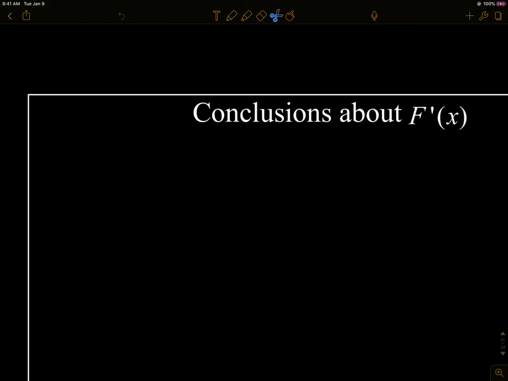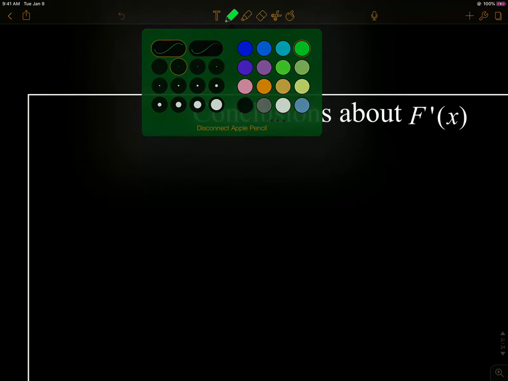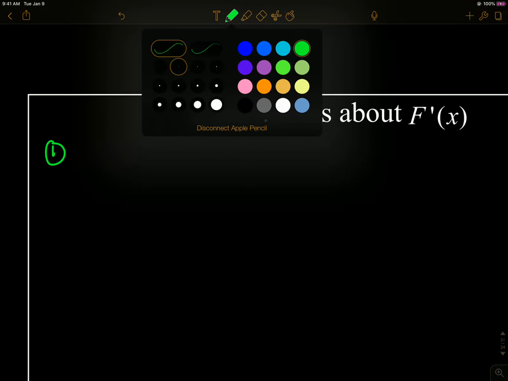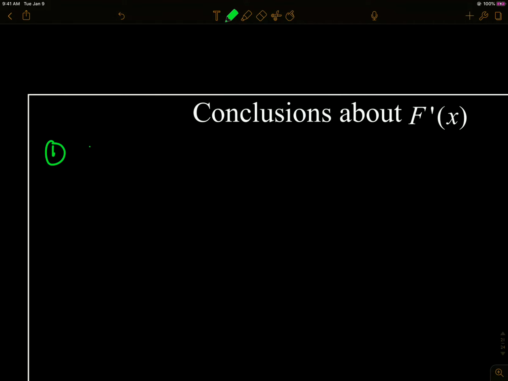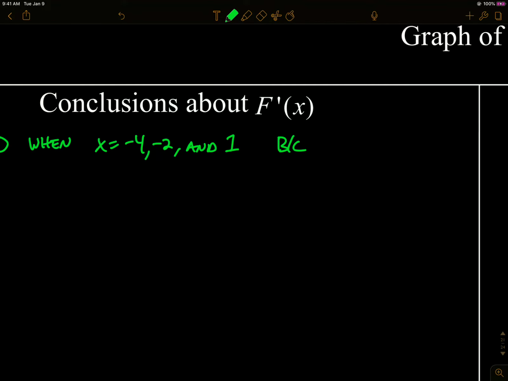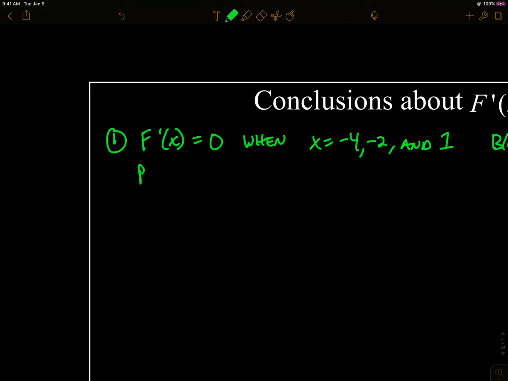So the first thing we can say about f prime of x, we're doing capital F's here, sorry, f prime of x equals 0 when x equals -4, -2, and 1, because f of x has relative extrema.